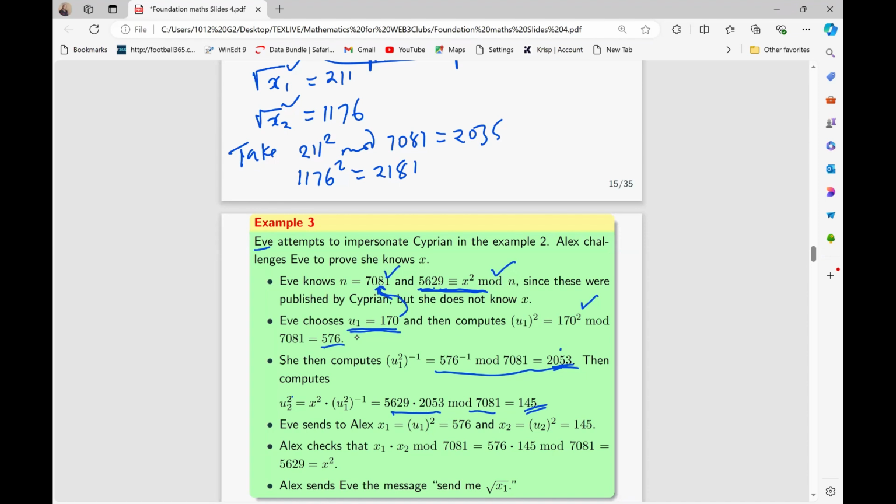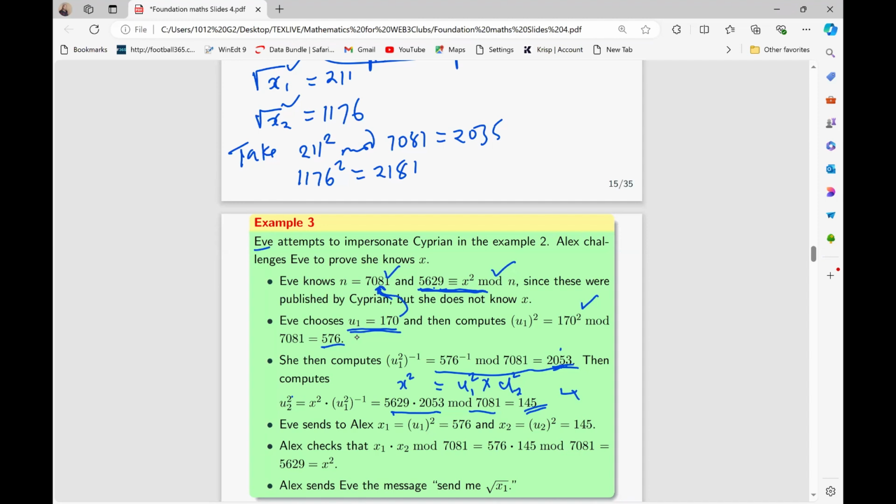So now when she multiplies these two numbers, her U2 square and her U1 square, they will give her X square. So she sends those two to Alex.